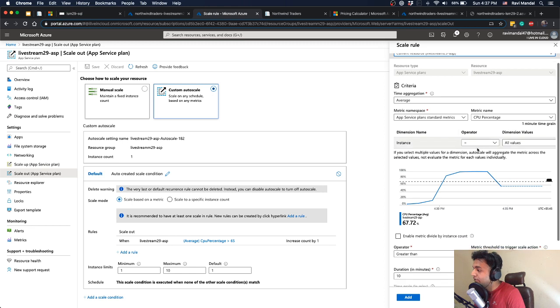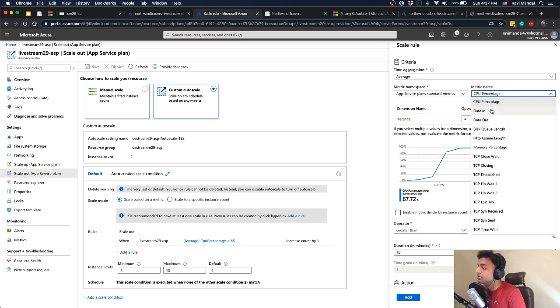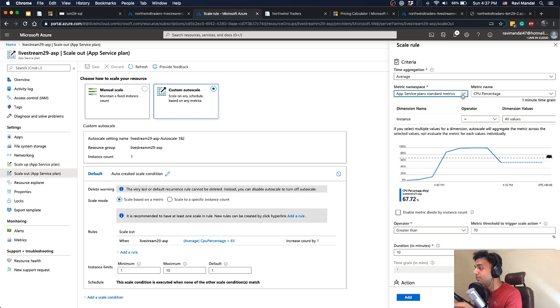You can add a rule, and you can scale based on data that comes into the system, data that goes out of the system, the disk queue length, the HTTP queue length, the memory percentage, the TCP metrics, something like that. So you can scale purely based on that. There are multiple things that you can do.